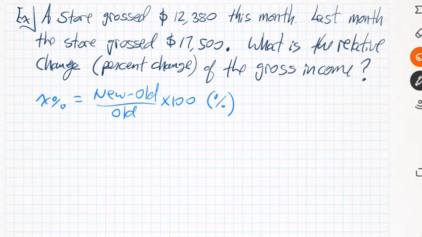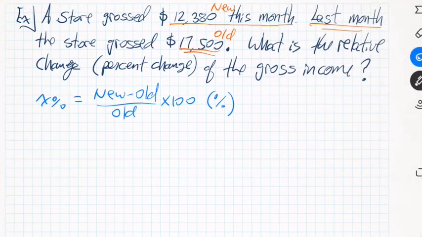So when I read this, the store grossed $12,380 this month. So that's the current gross income. And then last month, it grossed this much money. So when I say last month, that becomes the old value. And then this month becomes the new value. And those are the only two numbers that I can plug into the formula, so I'm all set.